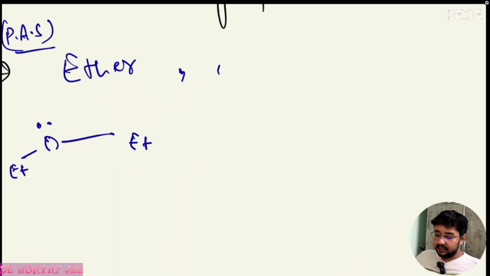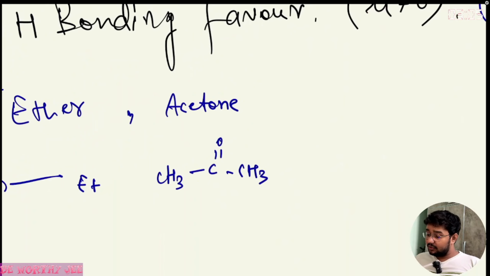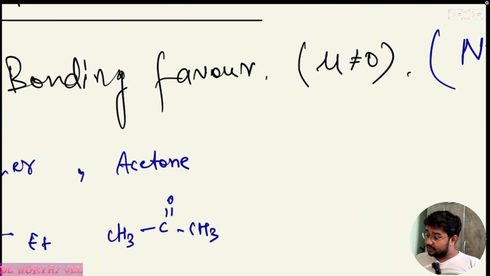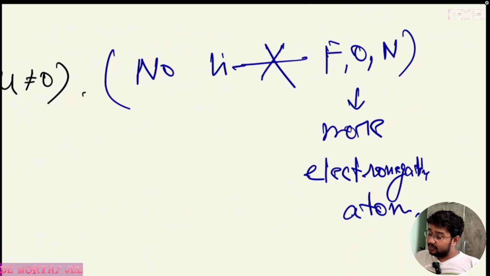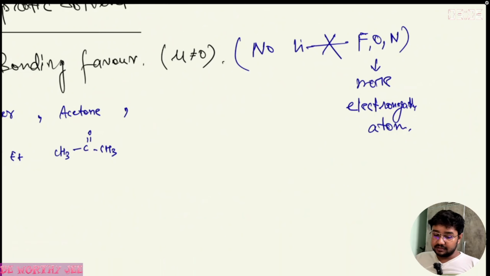And can we say acetone? CH3, C double bond O, CH3. Here you see that no hydrogen is attached to fluorine, oxygen, or nitrogen. So no H bonding formation happens.